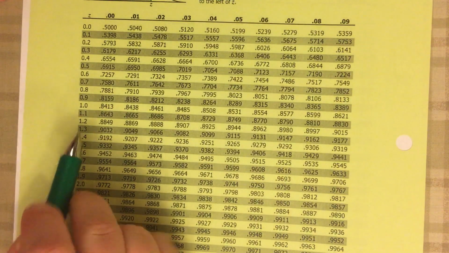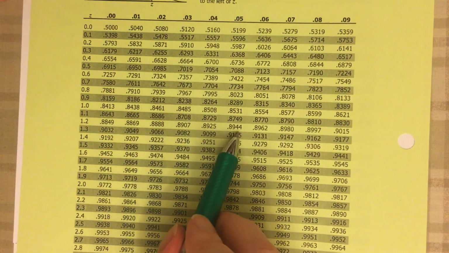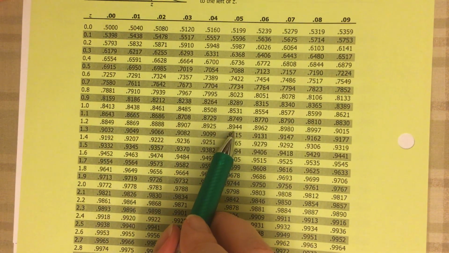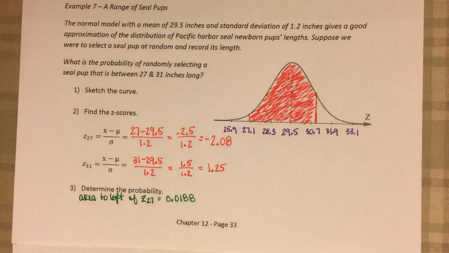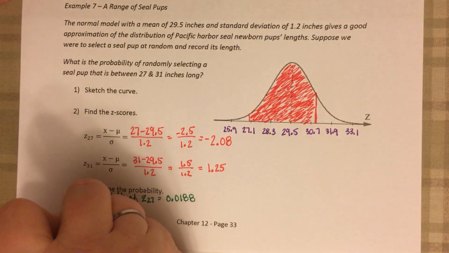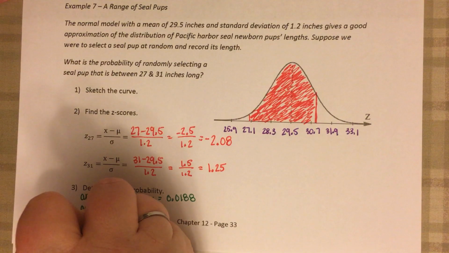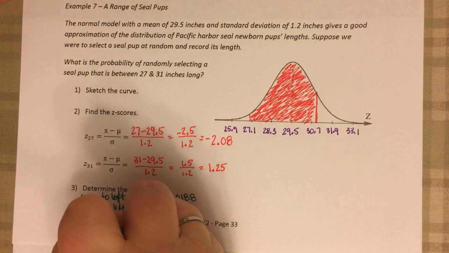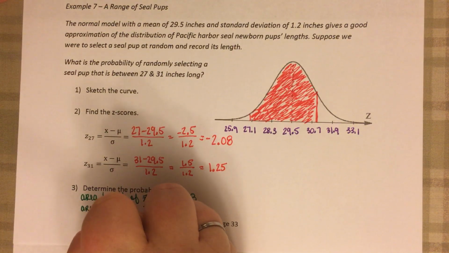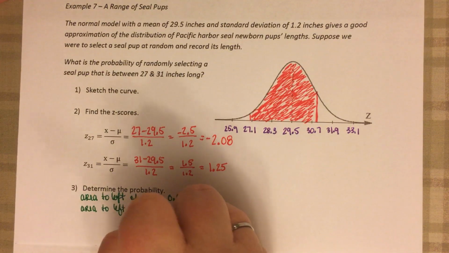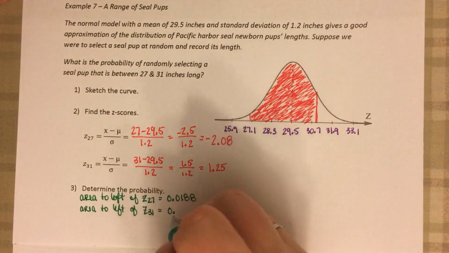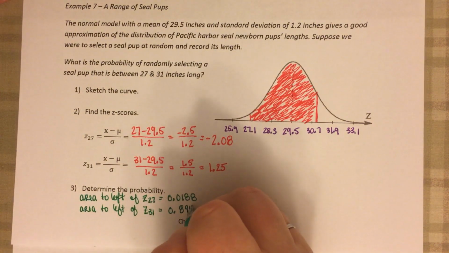Flip it over to our positive z-scores for the other side. 1.25 gives us 0.8944. So our area to the left of Z31 is 0.8944.